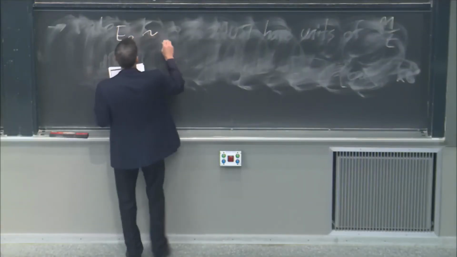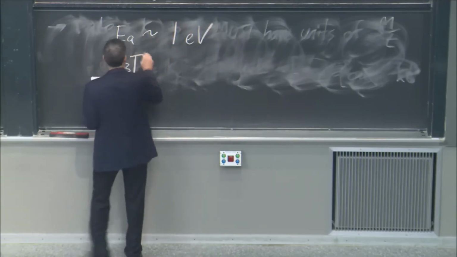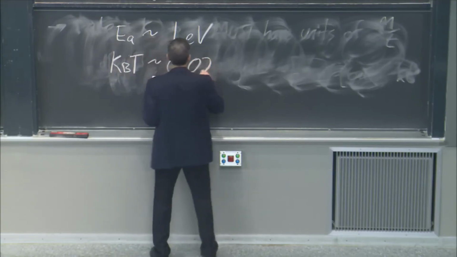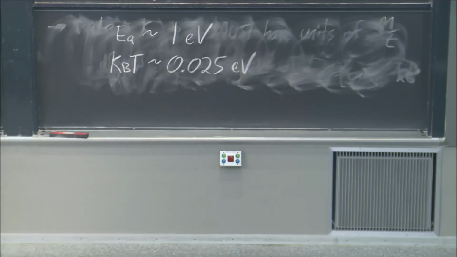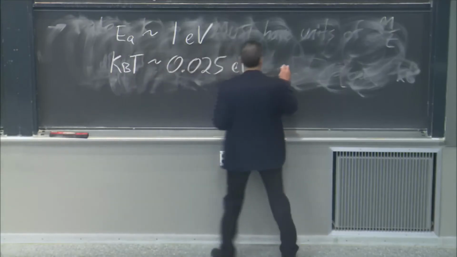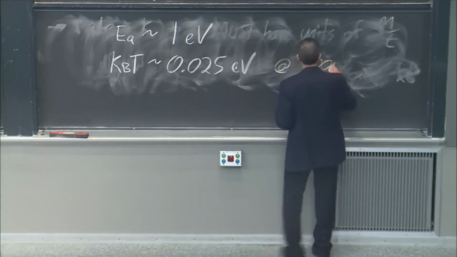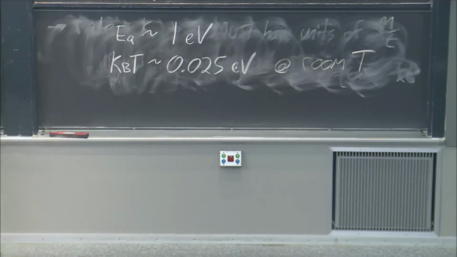Now, here's the thing, though. EA is typically maybe an electron volt, and we know that kBT is about 0.025 electron volts at room temperature. We've talked about this before. How is that possible? It's the same as what we talked about before, because this is an average energy. If you put the Boltzmann constant in at room temperature, you get that small energy, but we know that thermal energy is a distribution.